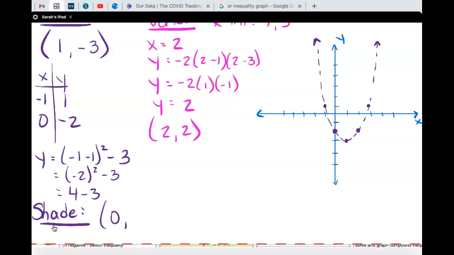Okay. So basically we're testing that point right there.